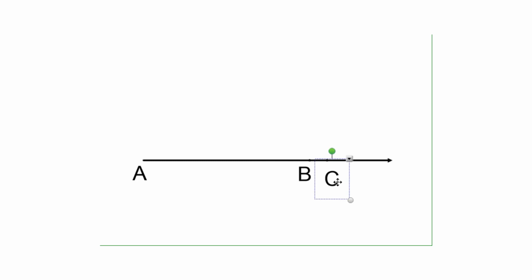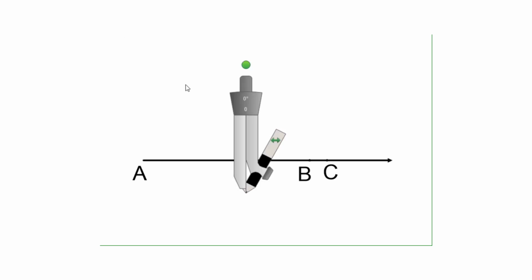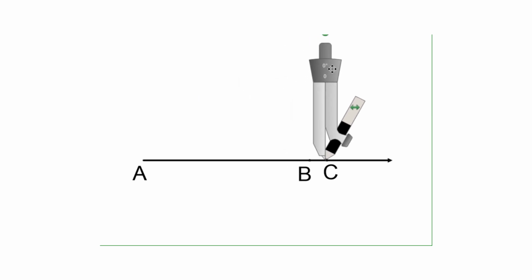Now after this we will draw the perpendicular bisector of AC. Perpendicular bisector of AC means we have to take more than half the distance.